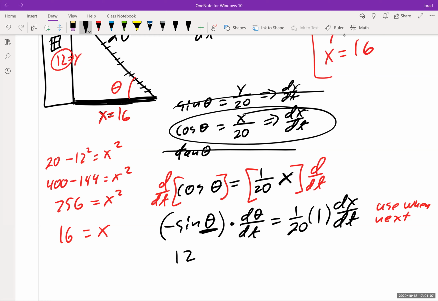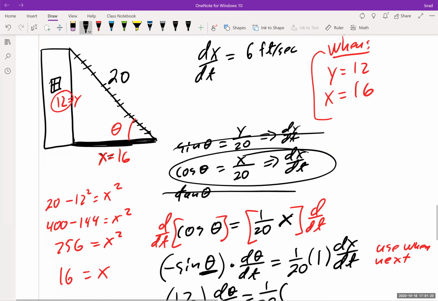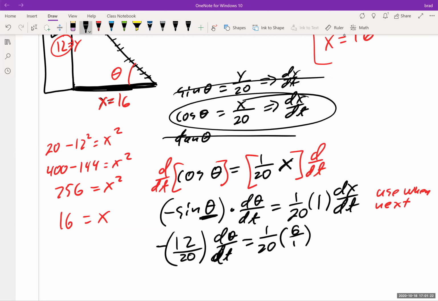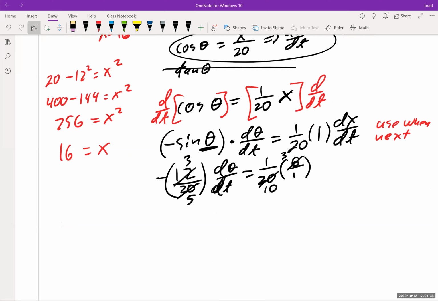So this would be 12 over 20 d theta dt equals 1 over 20 times dx dt, but they told us dx dt is 6. So let's do a little cleanup. So we got 3 over 10 there. This divided by 4 would be 3. This divided by 4 would be 5. So I'm going to multiply by the reciprocal. So this will be negative 5 over 3, negative 5 over 3.